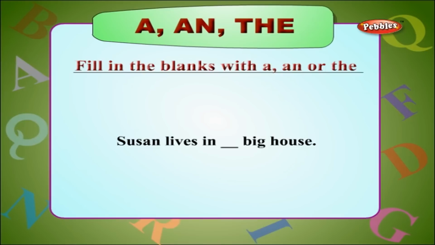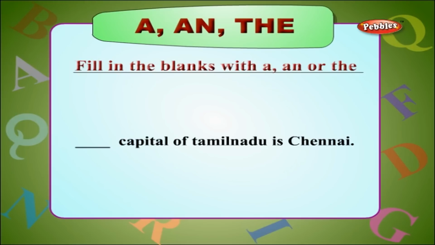Susan lives in dash big house. Here we should use a. Susan lives in a big house. Dash capital of Tamil Nadu is Chennai. Here we should use the. The capital of Tamil Nadu is Chennai.